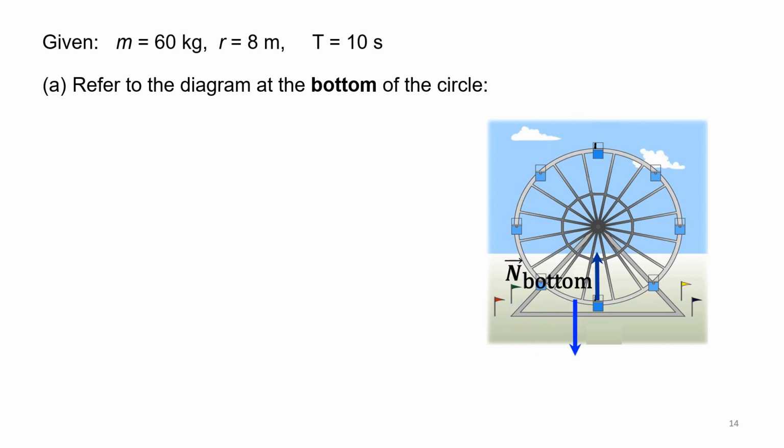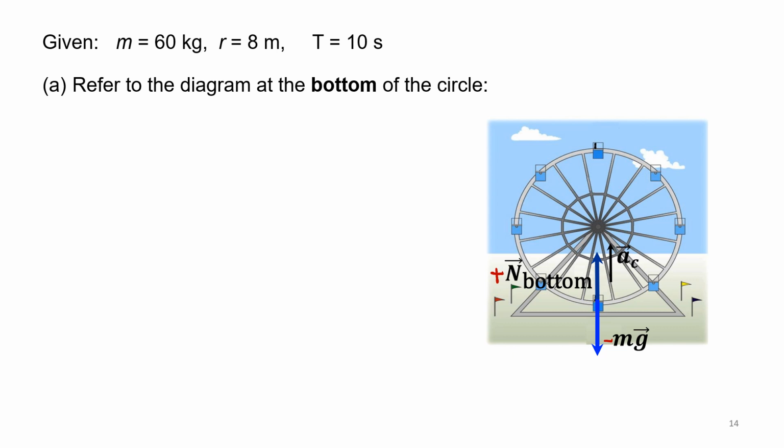And the second one is the weight of the rider directed downwards to the center of the earth. And the centripetal acceleration is directed to the center of the circle. The normal force is positive, since it's in the same direction as the centripetal acceleration, and the weight is negative.